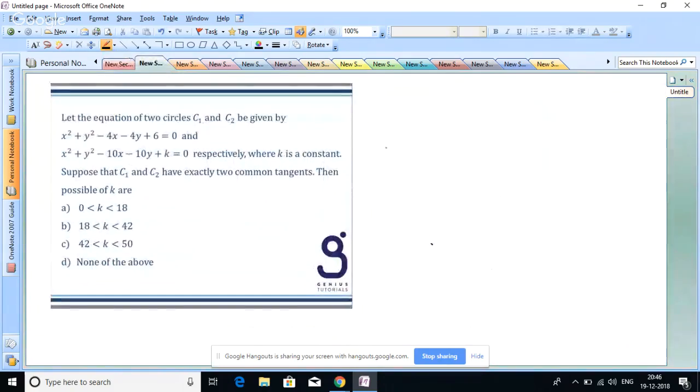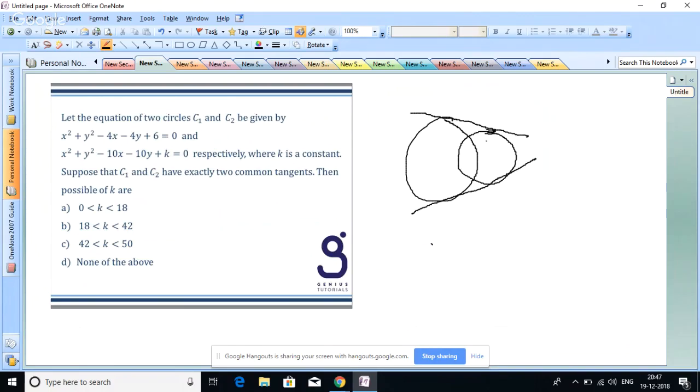Now in this question, it is given that equation of two circles C1 and C2 given by this. Now you just keep one thing in your mind, that when two circles intersect each other, then they will have exactly two common tangents. Okay, this one and this one.